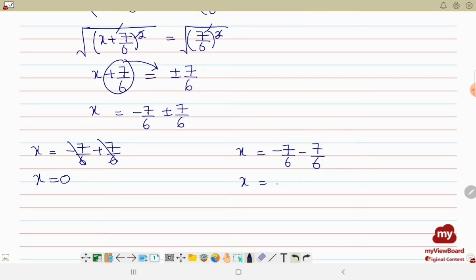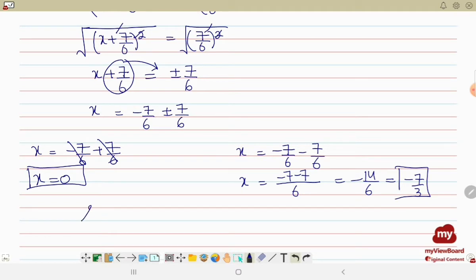Here we are going to have the LCM taken, minus 14 by 6. So it will become minus 7 by 3. So we got two answers. At the end, we'll just write down the solution set. It will be minus 7 by 3, comma 0, bracket close. So I hope the steps of working are now easy for you.